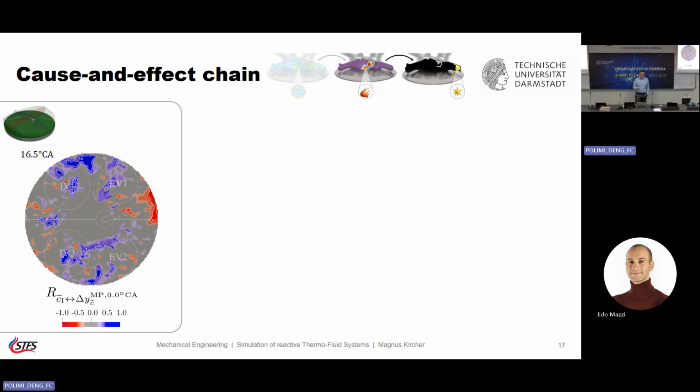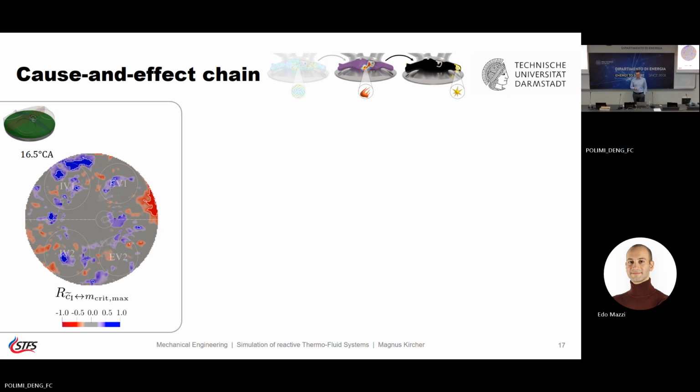These regions indicate that a variation in the flame width is correlated to a variation in the auto-ignition progress here. And interestingly, similar regions appear if I do the correlation between the auto-ignition progress and the critical mass.